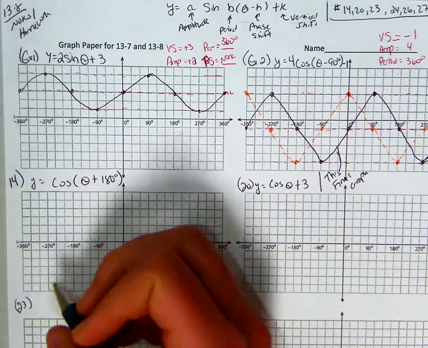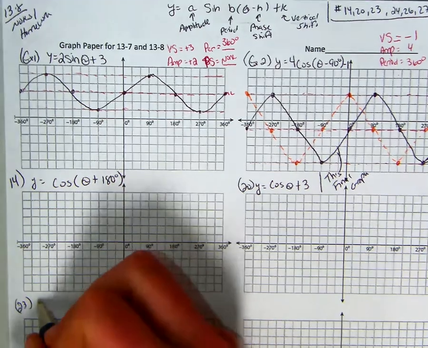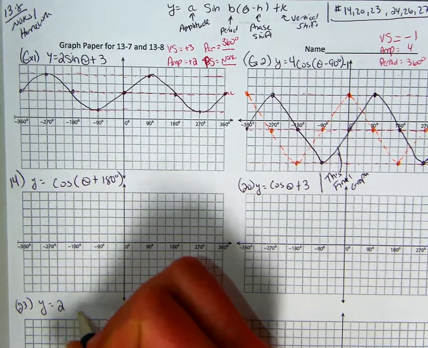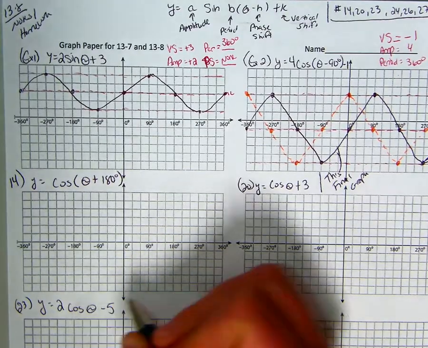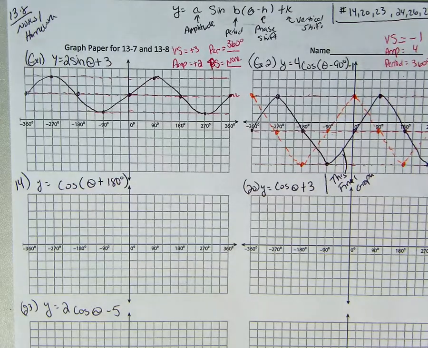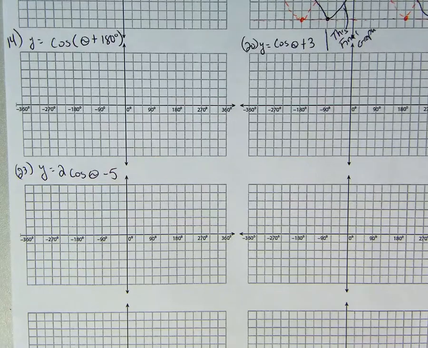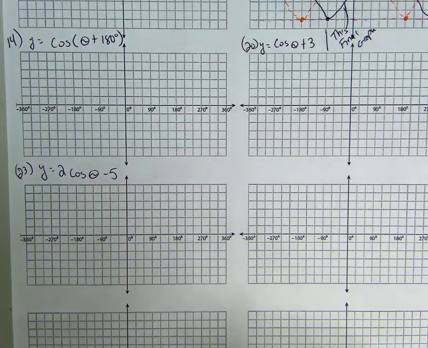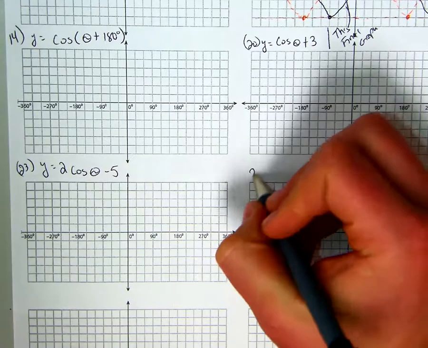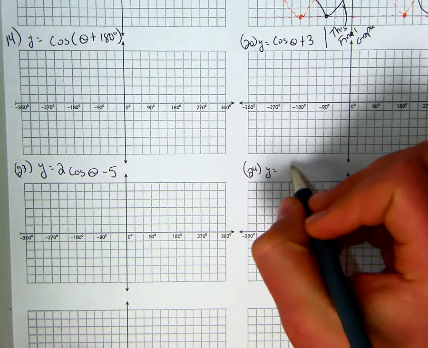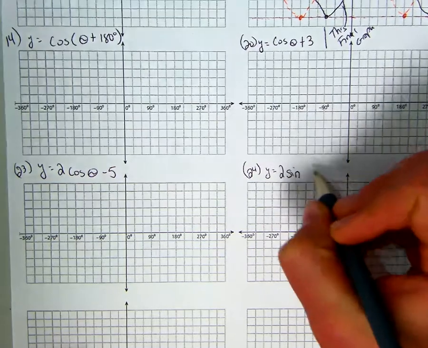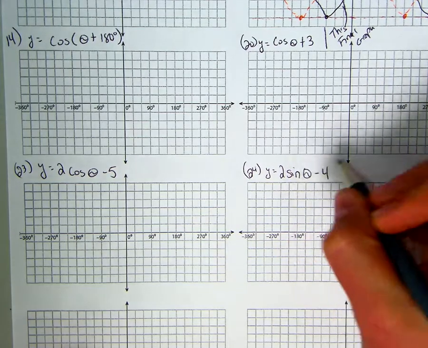23, y equals 2 cosine theta minus 5. So this has got kind of a good amount going on. 24, we have y equals 2 sine theta minus 4.